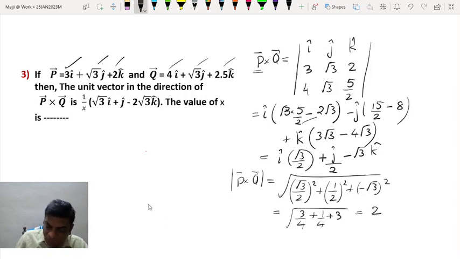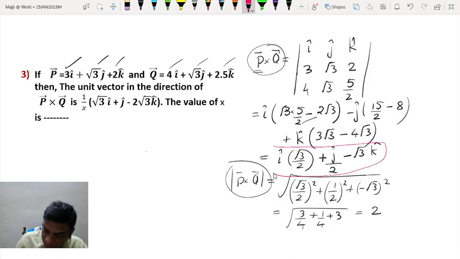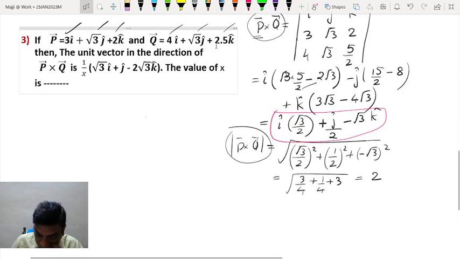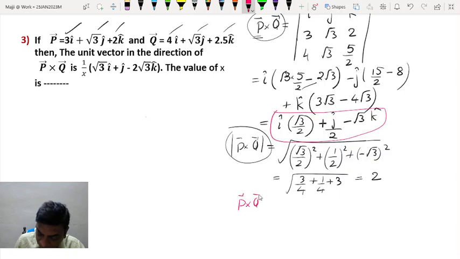So the required unit vector is the original vector divided by its modulus. Is it? So when you divide this by the modulus, you get vector P cross vector Q upon its mod.